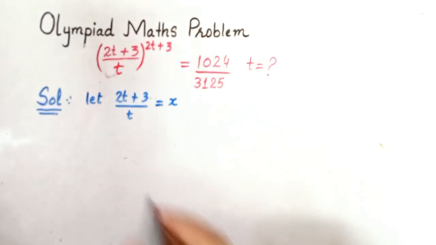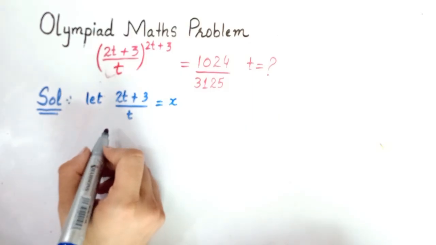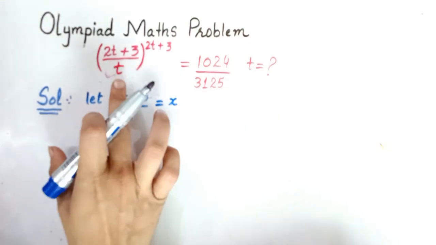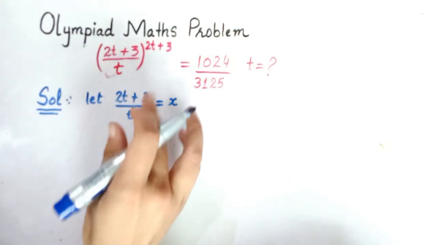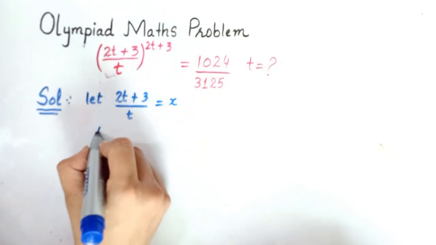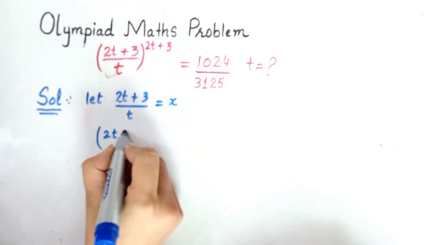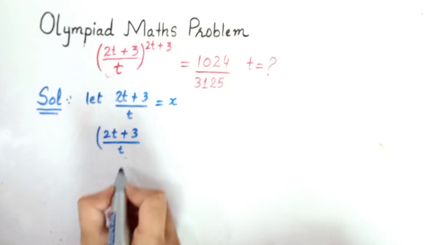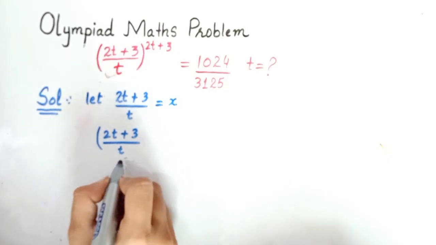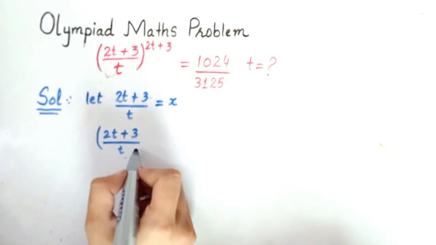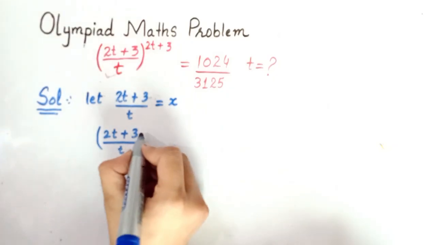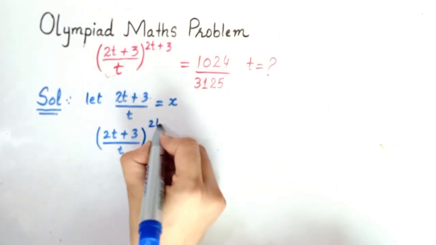In the next step, we will write this as x. First we have to solve this further: take the whole power divided by t.